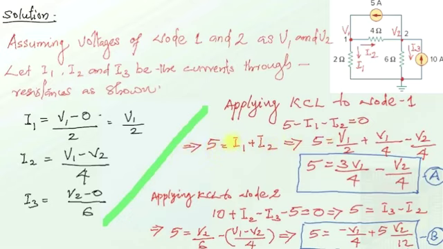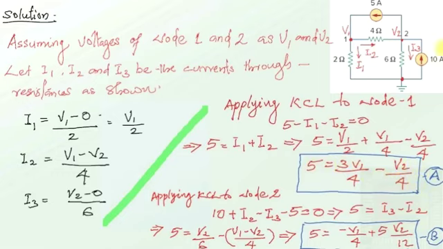If you substitute I1 and I2 in terms of the unknown node voltages, I1 is given by V1 by 2 and I2 is given by this formula. Substituting that here, the resulting equation will be 5 is equal to 3V1 by 4 minus V2 by 4. You can mark it as equation A.